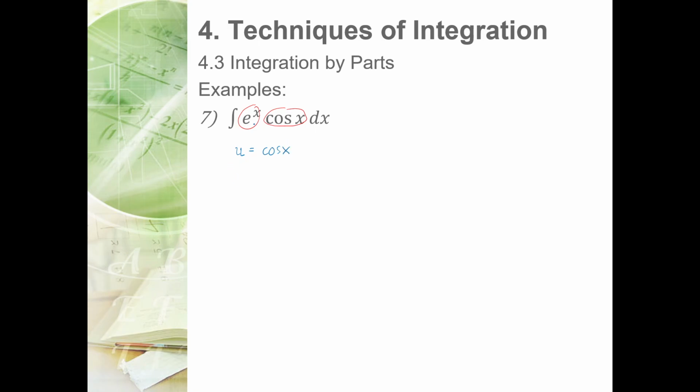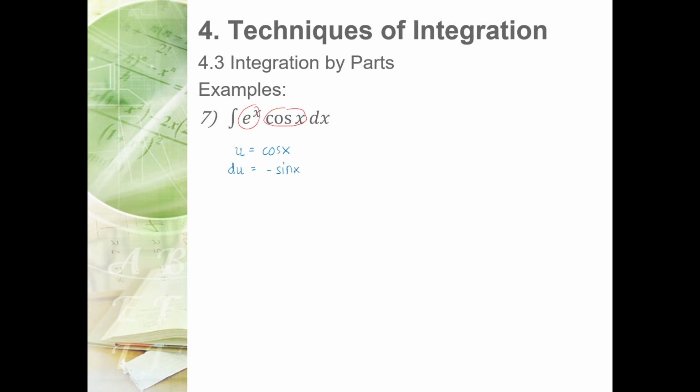Cosine x only, because again, it depends on you if you're going to use e to the power of x as u, because both are complicated, right? Cosine and exponential, but for me, the exponential is more complicated, so that's why I want it as dv. The derivative of cosine is negative sine x.